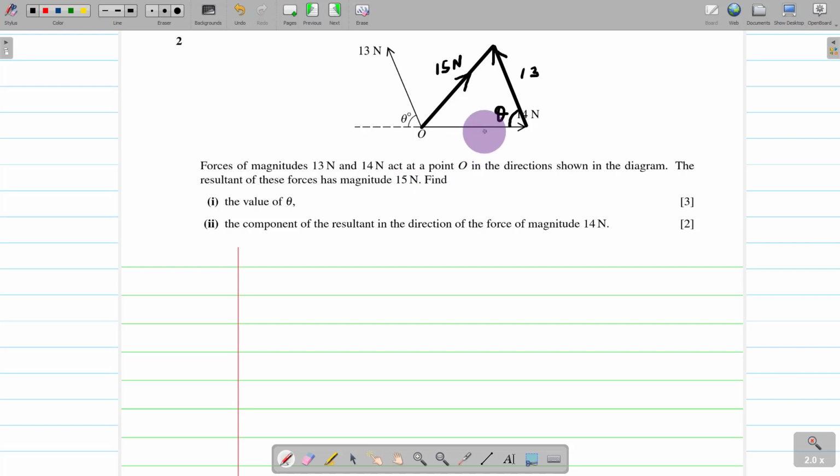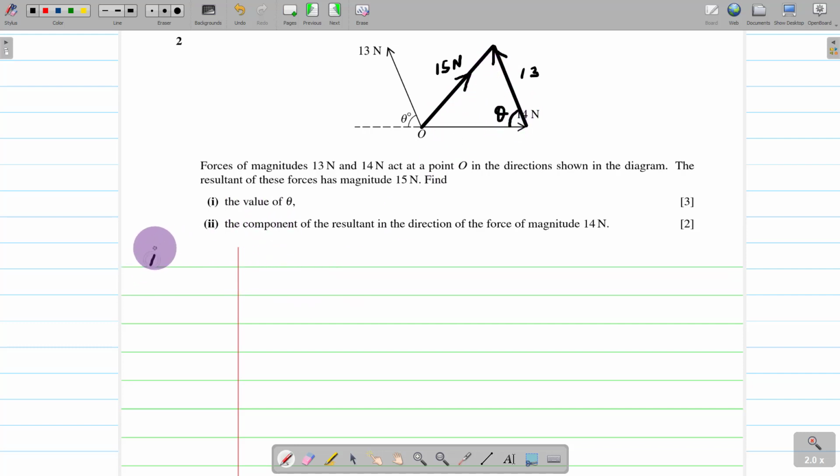So in this triangle, we have a triangle with the three sides which are given, and we are required to find this angle here. So the rule that we are going to use here, the most appropriate rule, because we don't know any of the angles inside here, is the cosine rule.